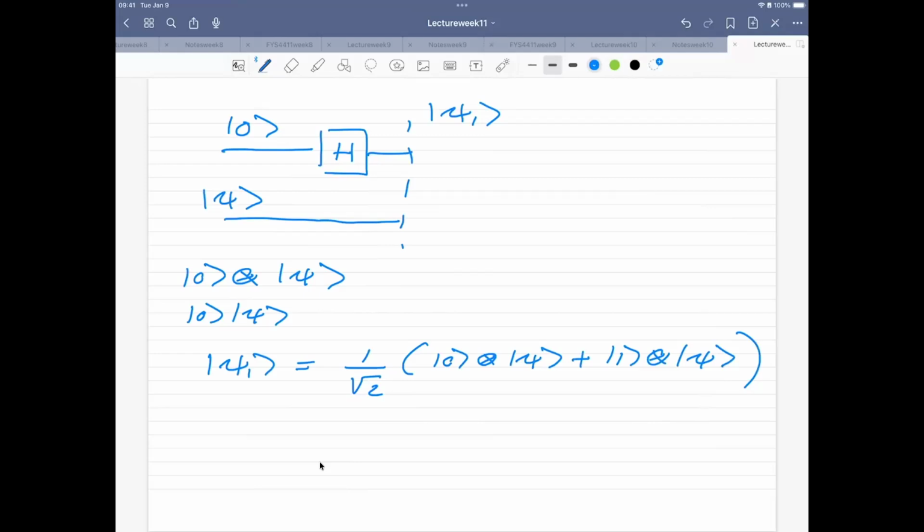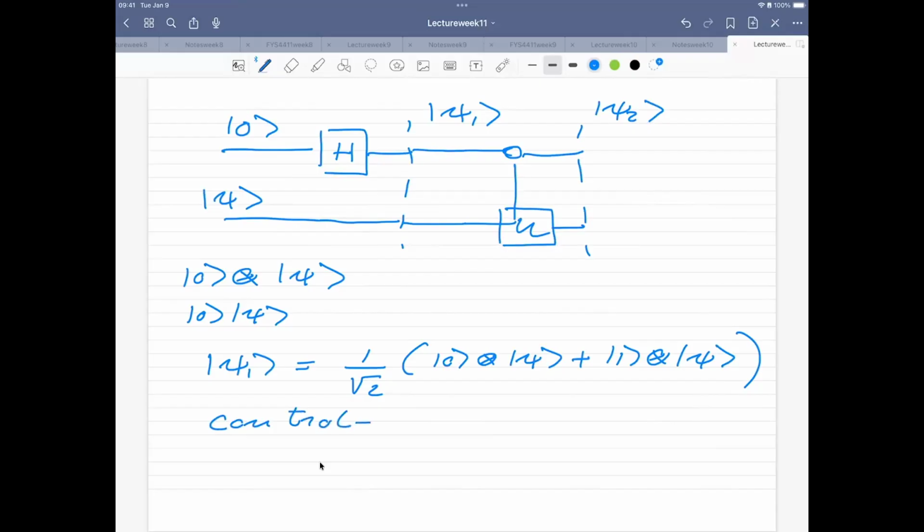Now, the next operation is going to be given by a controlled U, a controlled rotation. So we're going to set that one up here. And that gives us a new state, which I'm going to label psi 2. So that is now a controlled U operation, which has a rotation here.